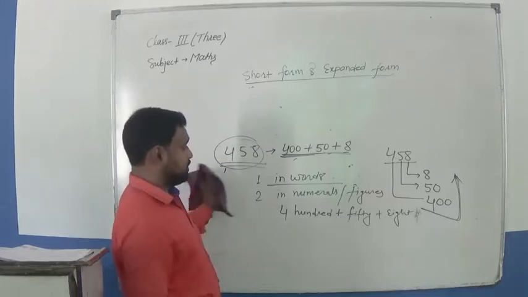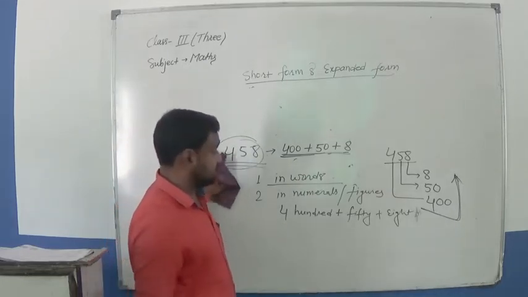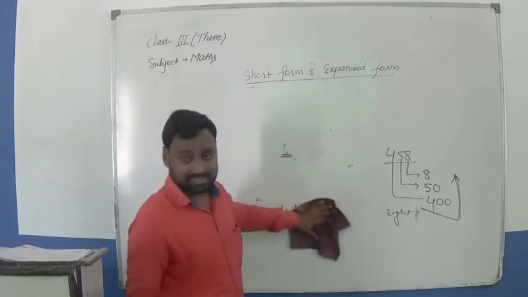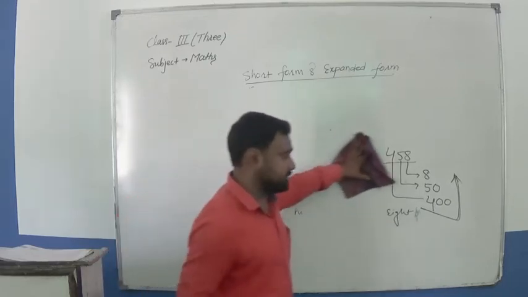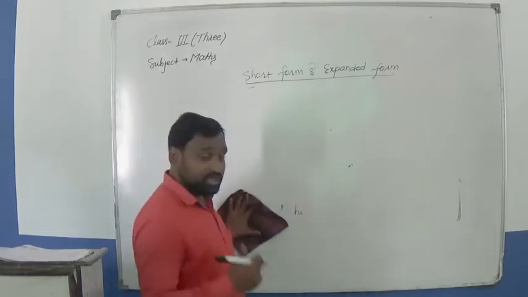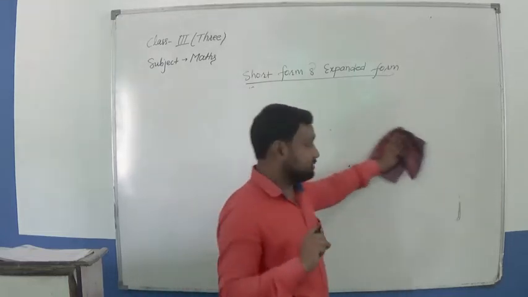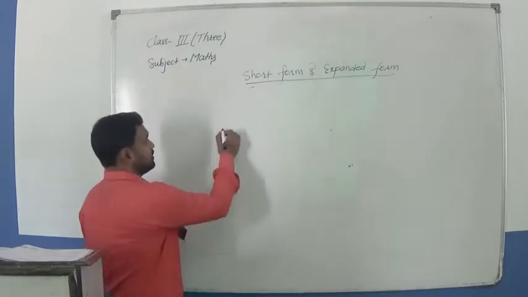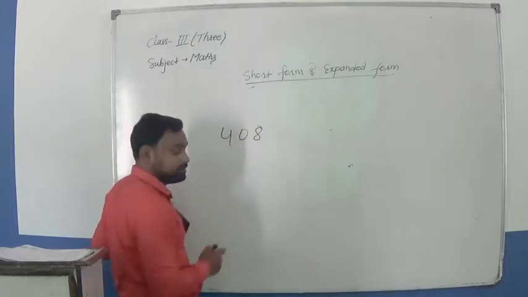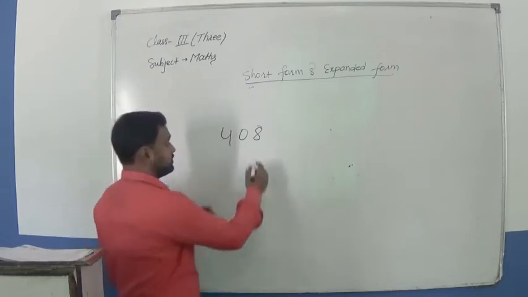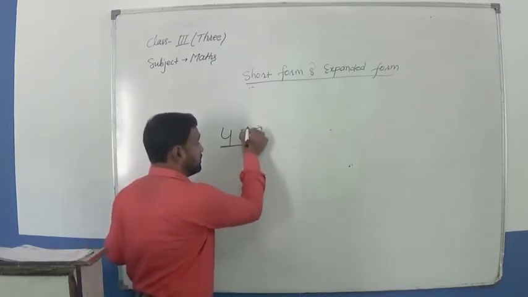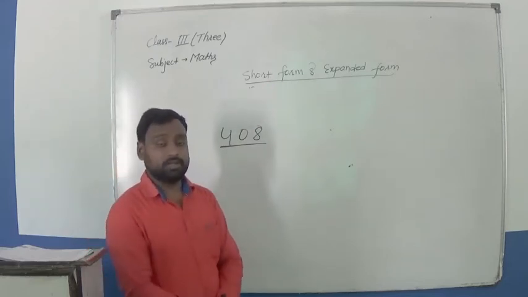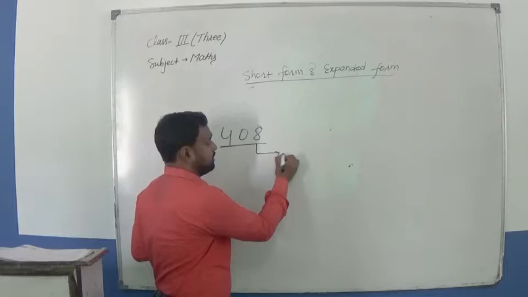One thing you have to keep in mind: while writing in expanded form you may feel some problem, so I am making it clear. When there is a zero in a number, suppose 408, the place where there is zero, we leave that term.